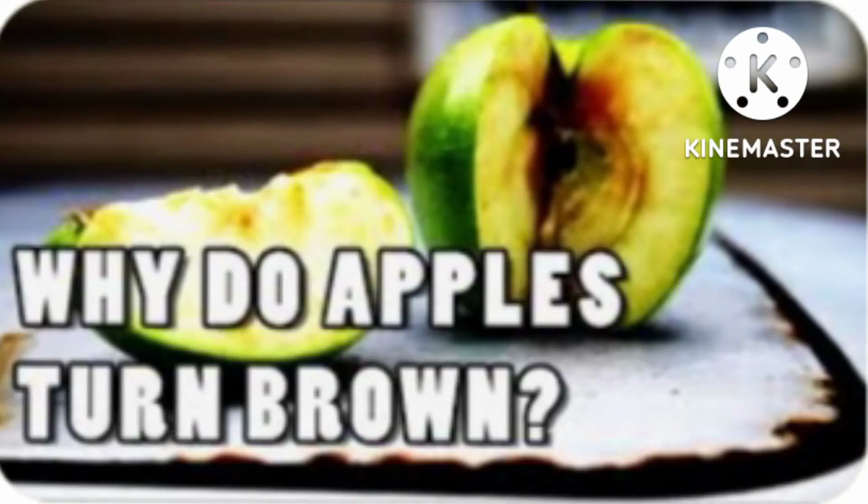Another example affected by the presence of oxygen are fruits. Have you noticed that when your mother cut fruits and vegetables, some of them change in color? For example, when an apple is cut, the fleshy part of the fruit changes color into brown.